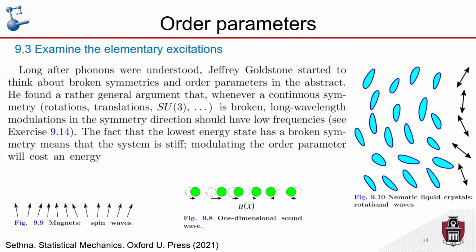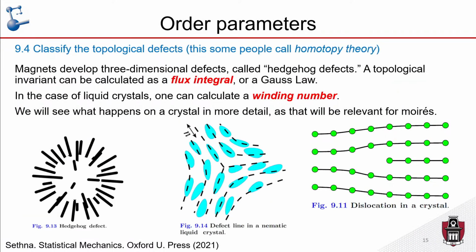The only thing to emphasize is that once you have your parameter space, then you have your excitations, and this is again the physics. So in the case of magnets, you could have spin waves, you can have sound. In the case of a liquid crystal, you have these so-called rotational waves. And then at that point, you can start discussing defects and topology.